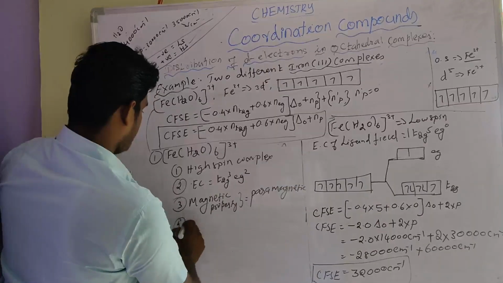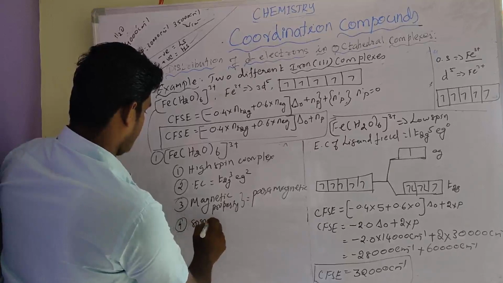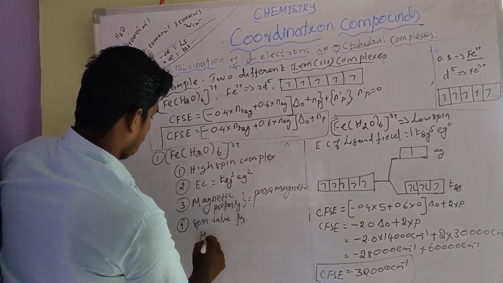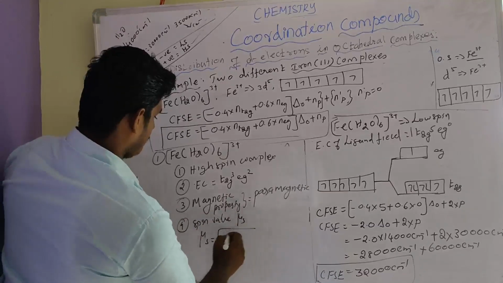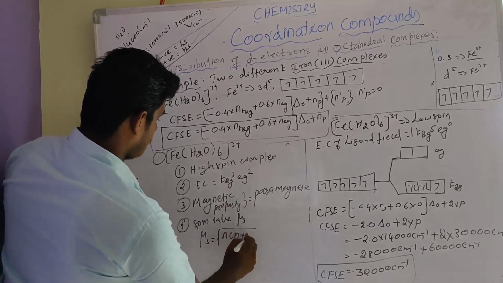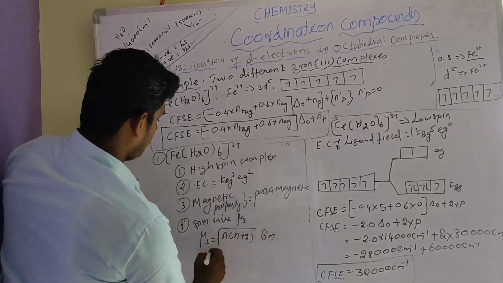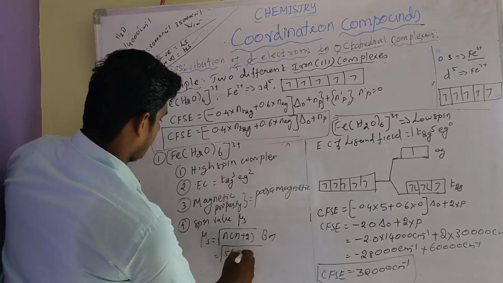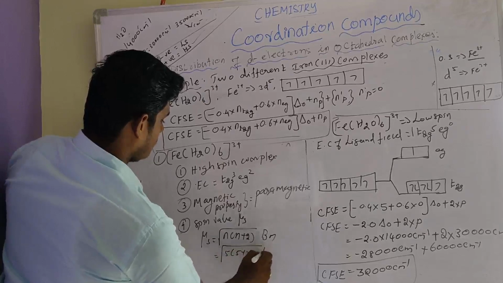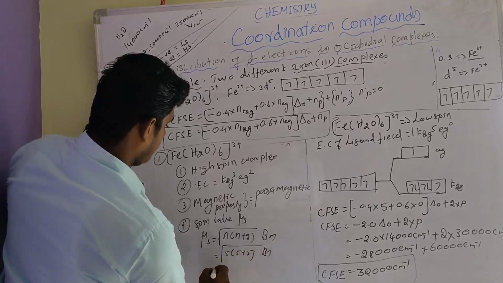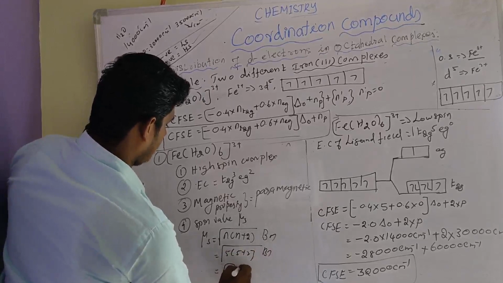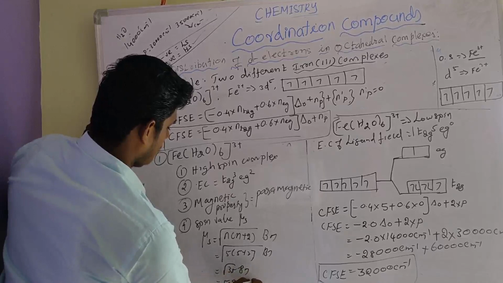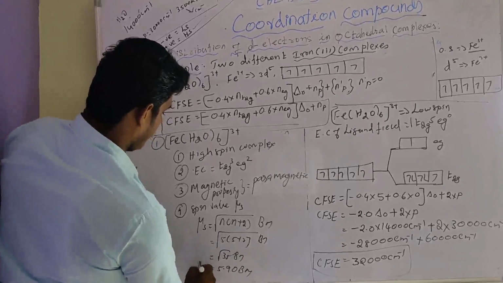And 4th, the spin only value, mu s. So mu s equals root of n times n plus 2 BM. You know the spin value is 5. So 5 times 5 plus 2, 35 BM, 5.90 BM, the mu s value.